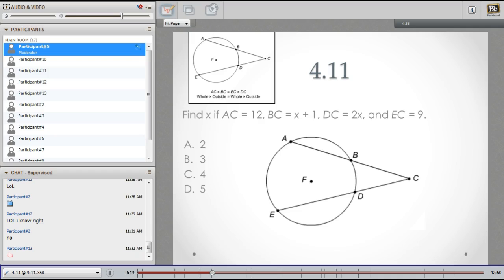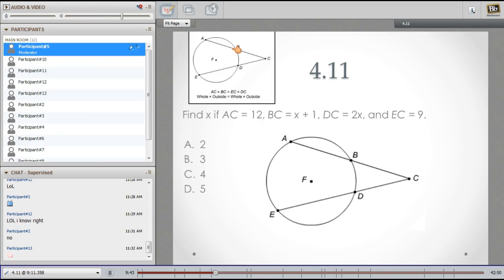All right, so 4.11, let me change your polling tools. The formula is up here, and this formula is written from this example, but this is in general how you would look at this formula. The whole segment times just the outside piece, the part that's outside of the circle, equals the whole segment times the outside of the circle.